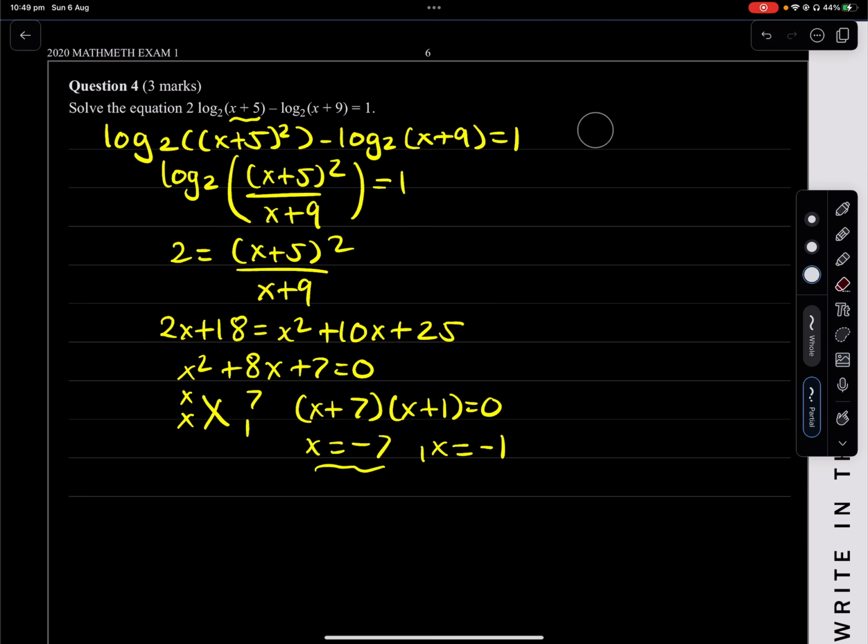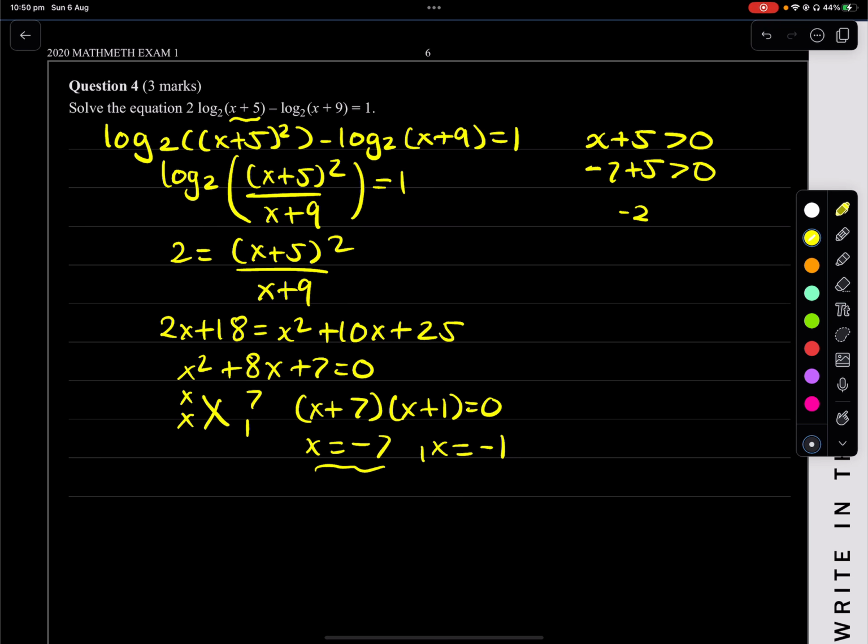We want x plus 5, the inside of that log, to be greater than 0. If we put negative 7 plus 5, is it greater than 0? It's negative 2. It's not greater than 0. So that solution is wrong, and we can decline it.